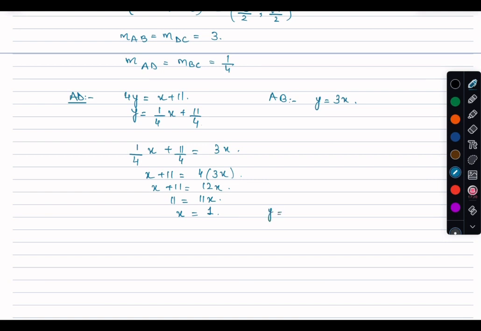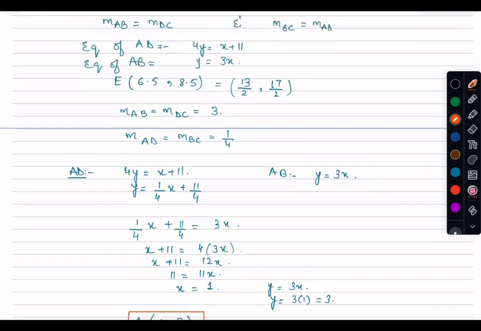Then y equals 3x, therefore the y coordinate of A is 3 times 1, which is 3. Meaning I have the coordinate of A, which is 1 comma 3. So this is one piece of information that we have gotten with respect to the coordinates of A.